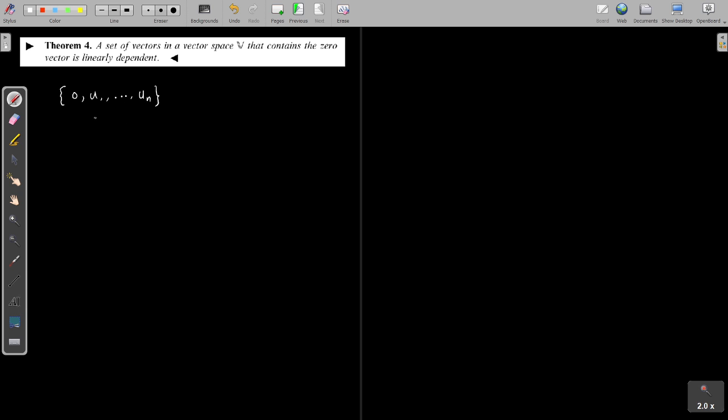We need to get a linear combination equal to 0 with not all c_i's equal to 0. So consider the linear combination 0 times u1 plus 0 times u2 plus etcetera, plus 1 times 0, where this 0 is a vector. Then you can get this expression 0, because 0 times u1 is always 0, 0 times u2 is 0, etcetera.